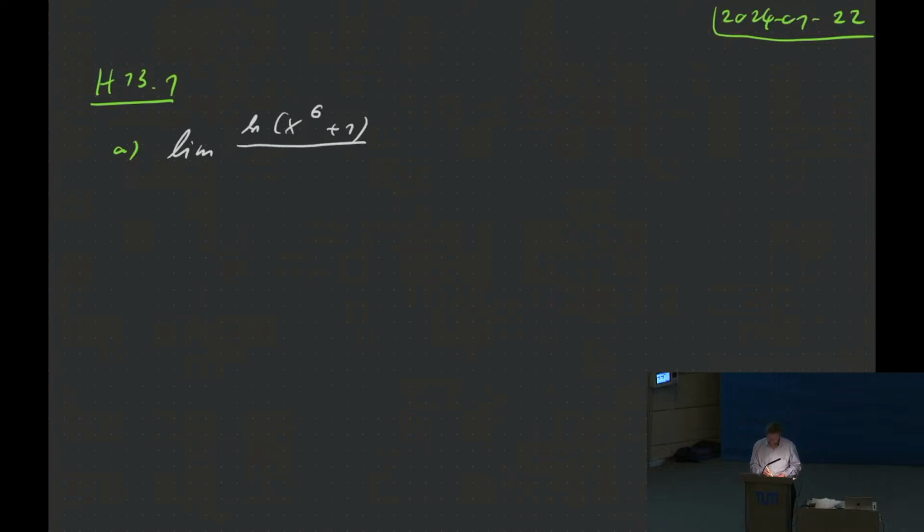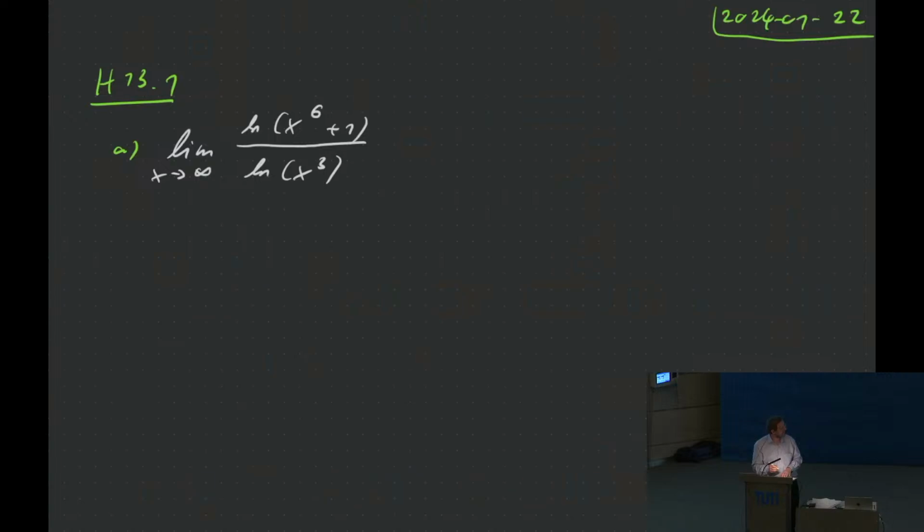Maybe let's take a quick look at that. Doesn't seem as easy as I thought it should be. 13.1a. Right, so here we have the limit of (ln x)^6 plus 1 over (ln x)^3, and x tends to infinity.